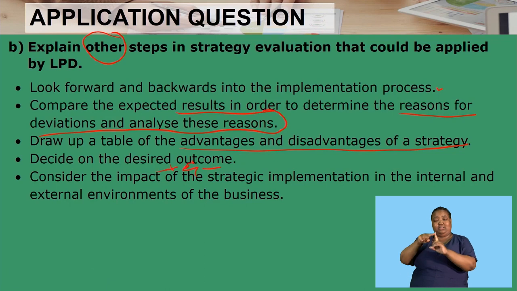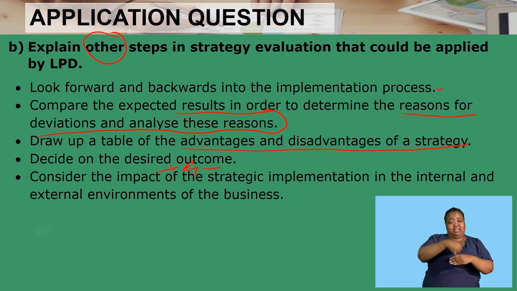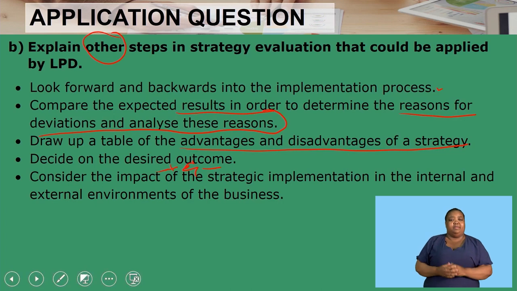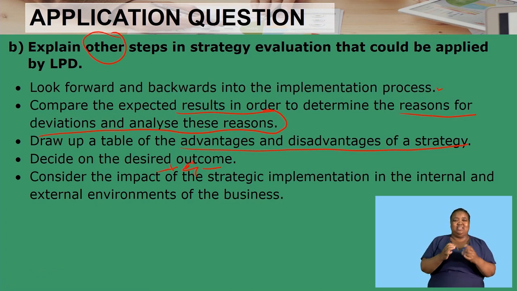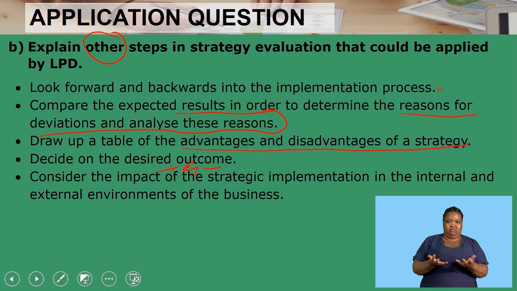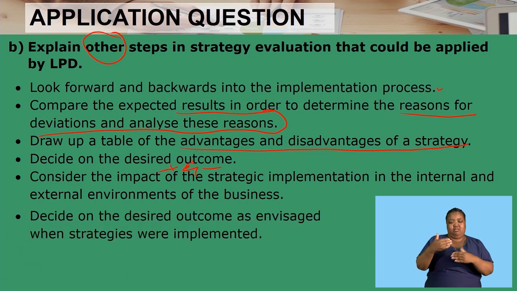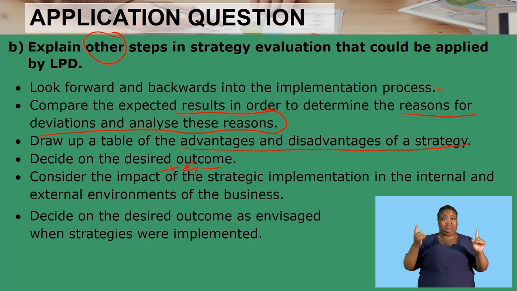Consider the impact of the strategic implementation in the internal and external environments of the business. So what is the impact of this implemented strategy inside and also outside the business? Then we need to decide on the desired outcome as envisaged when strategies were implemented.